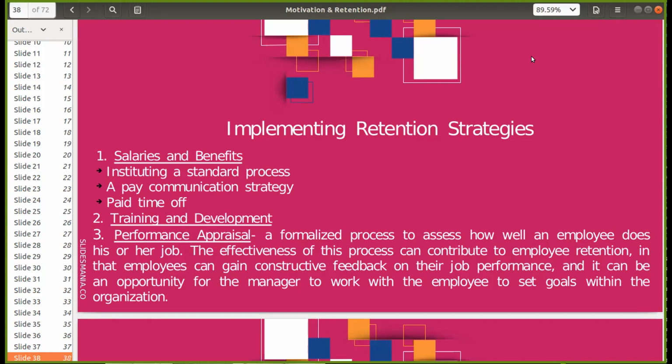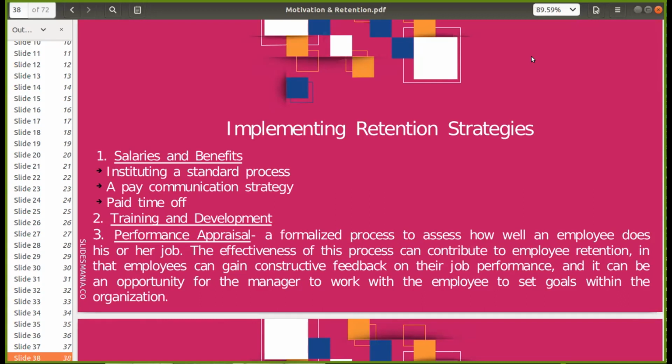Dito, of course, si manager, dinidiscuss niya yung mga areas for improvement, and kung may chance ba siya na ma-promote. Pag kinausap ka ng manager mo, kumbaga ma-excite ka kasi pag pinakita niya yung appraisal, may chance ka, lalo na kung maganda ang performance mo sa trabaho, may chance ka ma-promote.